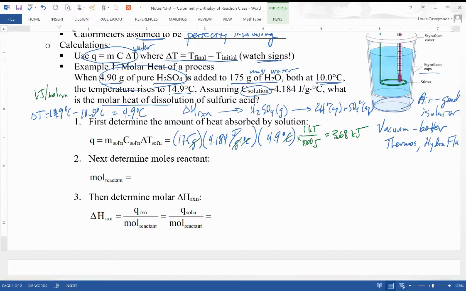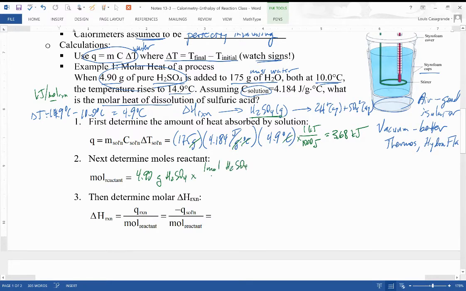Now what we have to do is take that and turn it around. First thing we need to know is, since we're doing per mole of reaction, and the reaction is 1 mole of reaction, and 1 mole has 1 mole of the reactant. The moles of the reactant is going to be the 4.90 grams of our H2SO4, and molar mass, 1 mole of H2SO4.